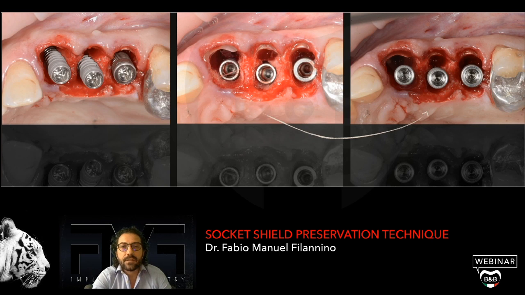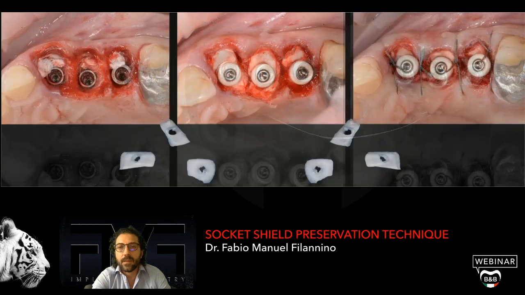And from the central image to the right one, we can see that I trimmed the shield deeper until reaching the crestal bone level, and I inserted the three implants.